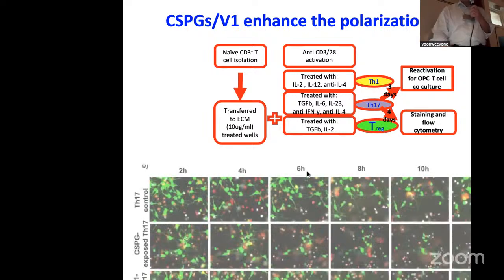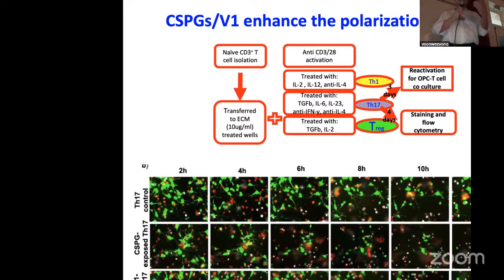Moreover, these cells, having been exposed to CSPGs or versican V1 in this particular case, are also more toxic to oligodendrocyte precursor cells. So in this work of real-time imaging, we are looking in green at all cells, and in red, the cells that are undergoing compromise or death.